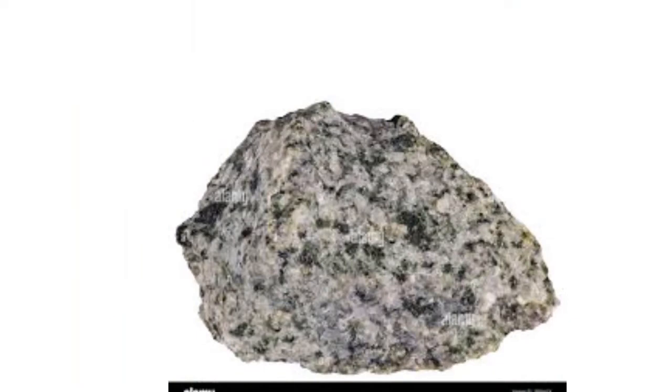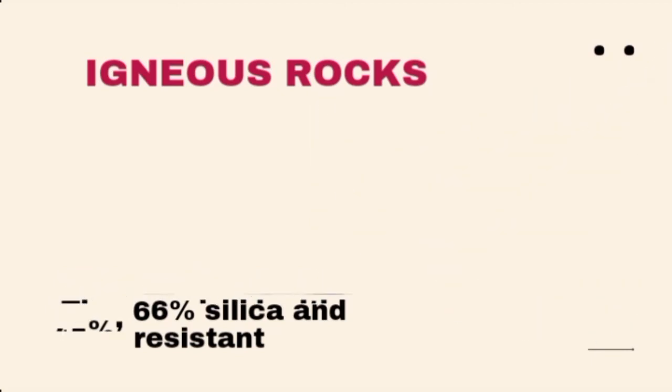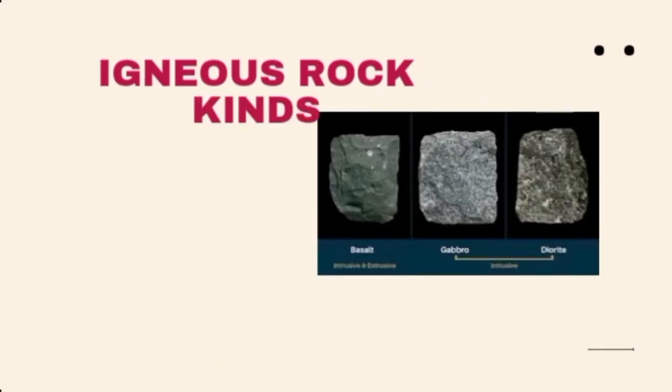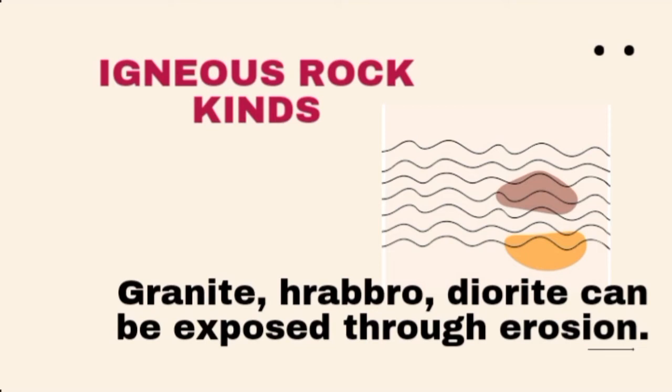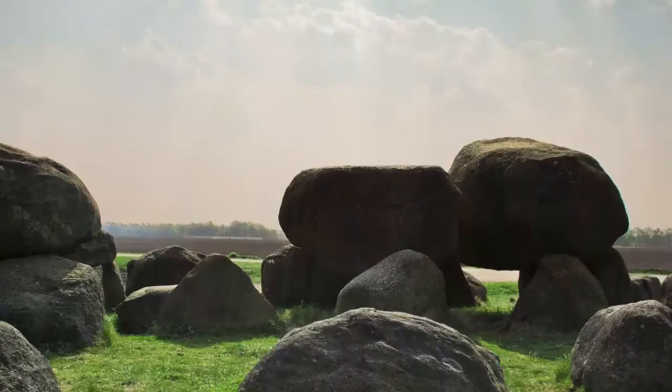They have a high amount of silica and crystalline texture. Examples are granite, diorite, gabbro, rhyolite, and syenite, among others. But they can later be exposed to the surface of the earth when the sand or soil that is covering them has been removed through erosion.